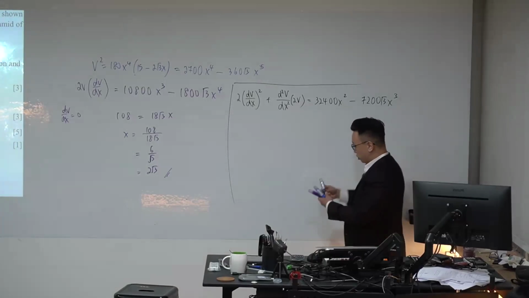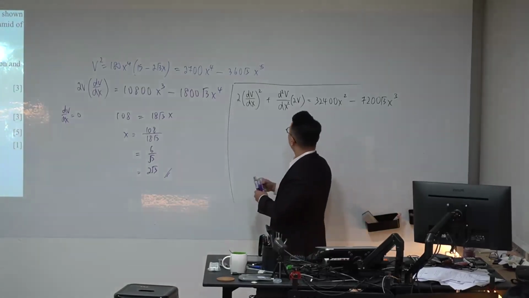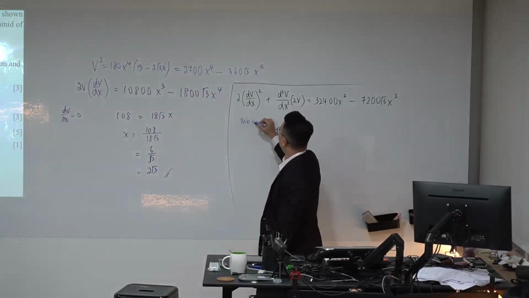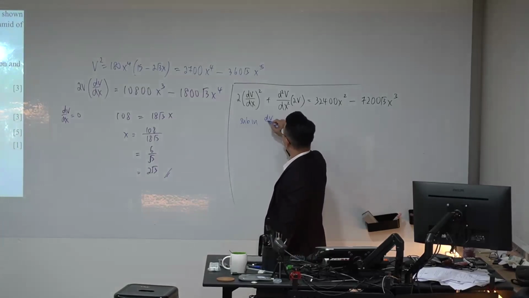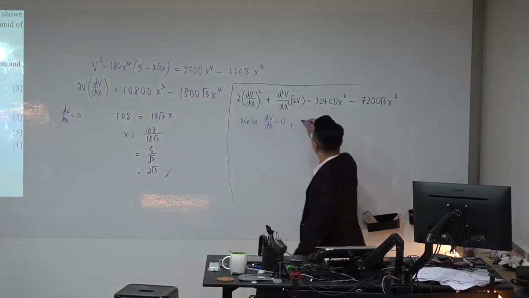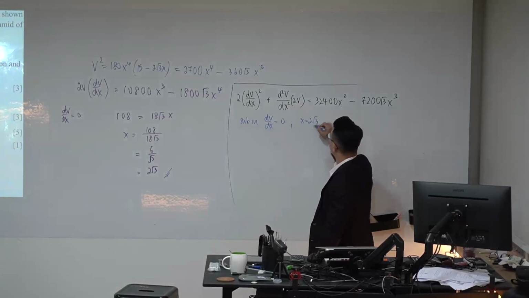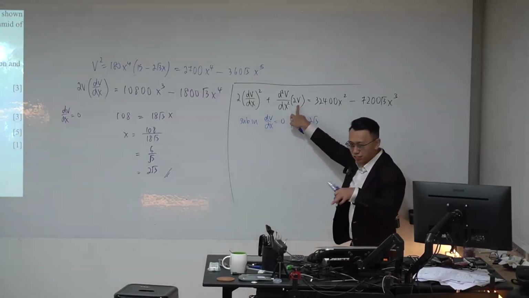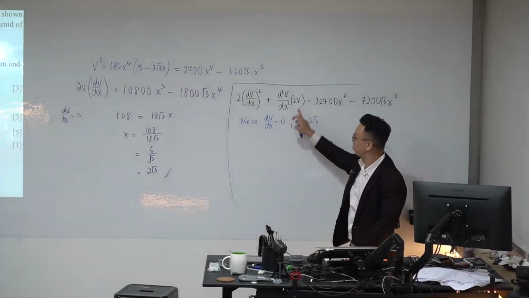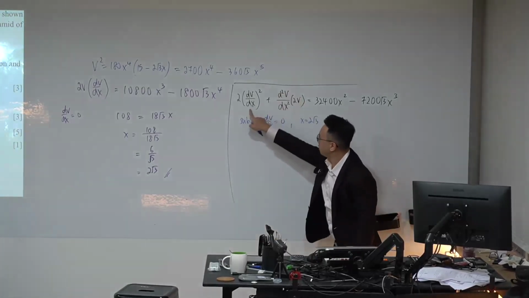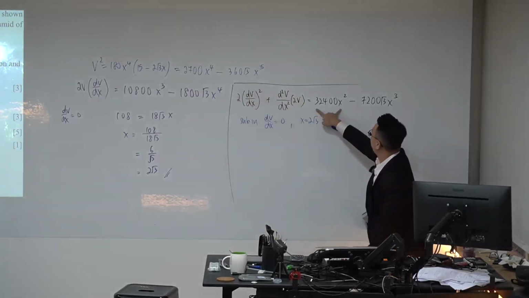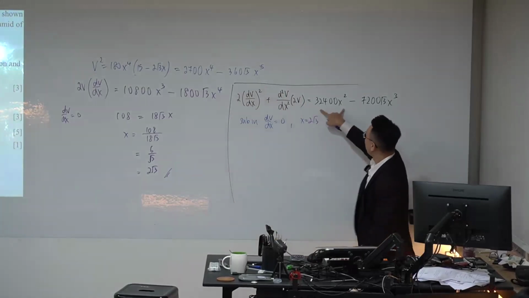So you sub in dv/dx equals 0 and x equals 2 root 3. Leave this alone first. You sub in there, this is 0, you drop this whole thing. So I am left with this. Can you tell me what is this value here?